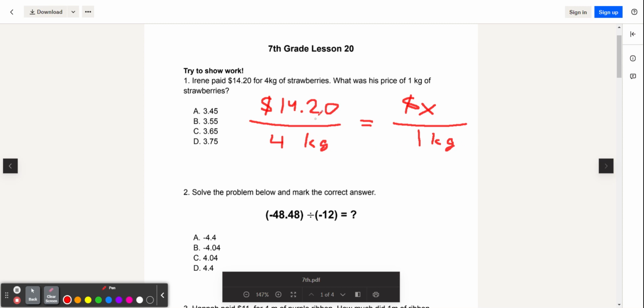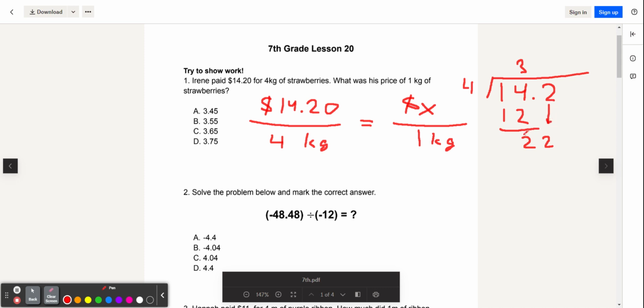As you can see in the equation I just set up, to solve for our x, we simply need to divide both sides by 4. And by that I mean, we just need to divide 14.2 by 4, as this fraction shows. So if we do long division and show our work, we can see that 4 goes into 14 3 times.